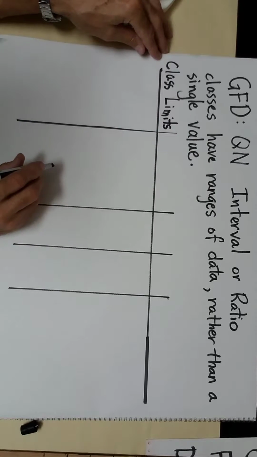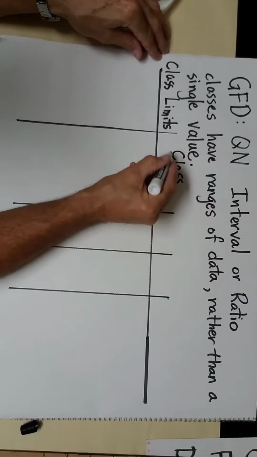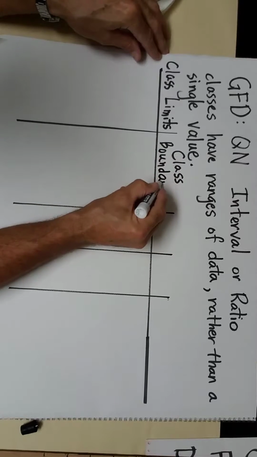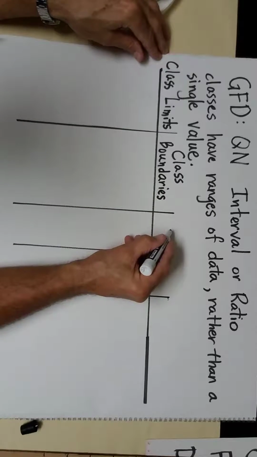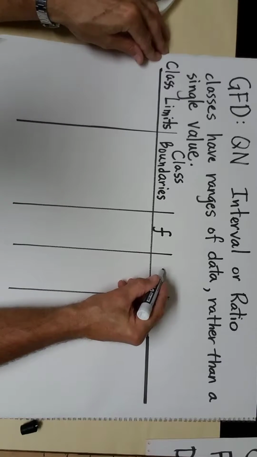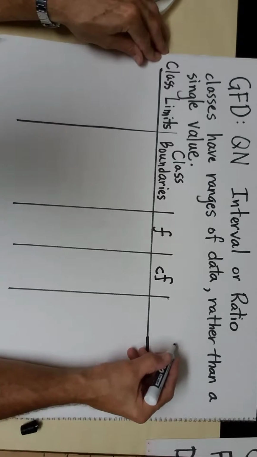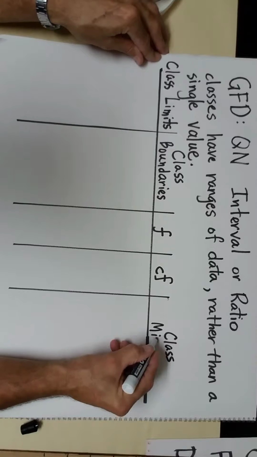The second column is occupied by something called the class boundaries. The third column will be our frequency. The fourth column will be our cumulative frequency. And the final column is something called our class midpoints.